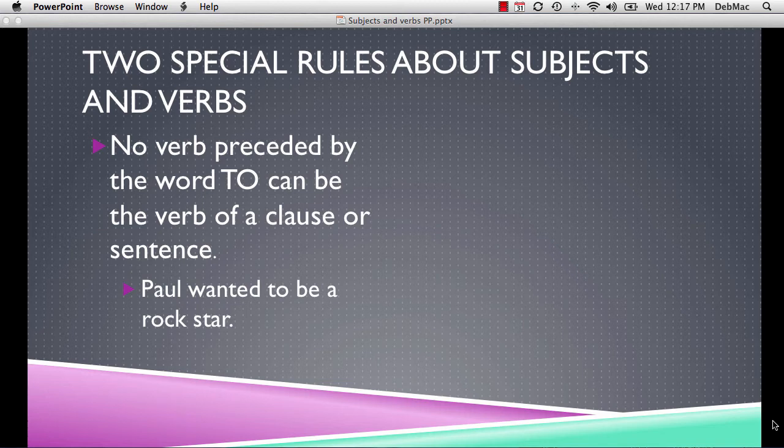There are lots of special little phrases like that that are called verbals. And I'm not going to ask you to be able to identify by name the different types of verbals because that's just silly stuff that only English teachers care about, and there's no reason for you to waste room in your brain with that kind of jargon. Just remember that no verb that has the word to right in front of it is actually a verb. There has to be another word that is the verb.